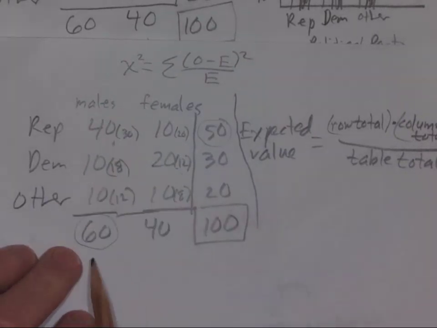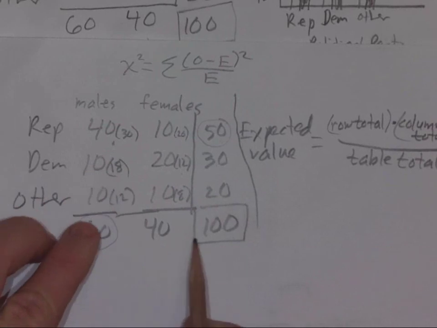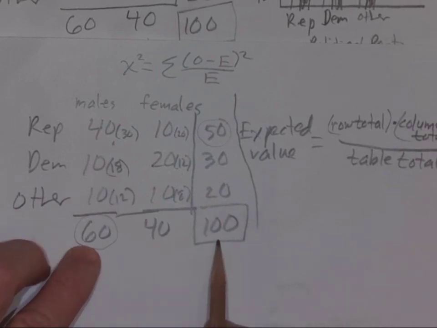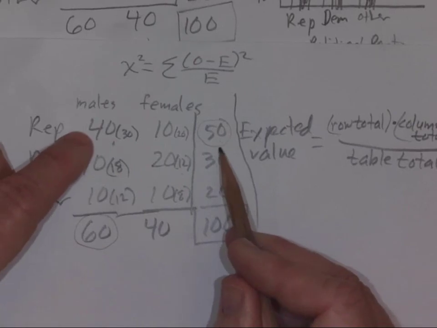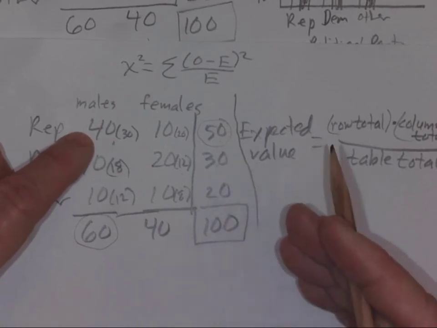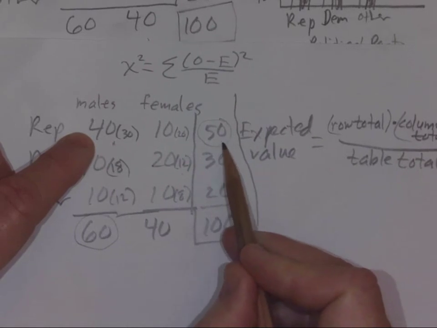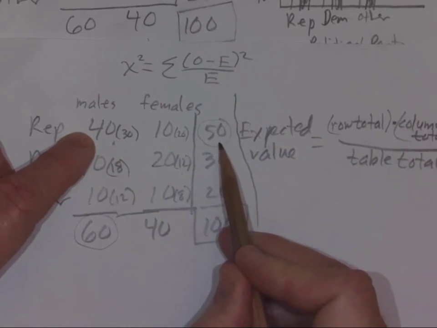Now, similarly, you could look at that reasoning the other way, using, in essence, our column total. You could say, well, in this whole group of 100 people, 60% of them are males. So therefore, within each political party, I should expect 60% males and 40% females. So we've got 50 Republicans. It should happen that 60% of them are male, if the null is true.